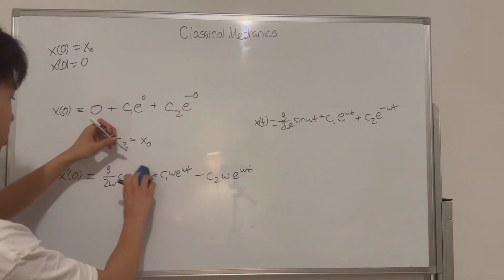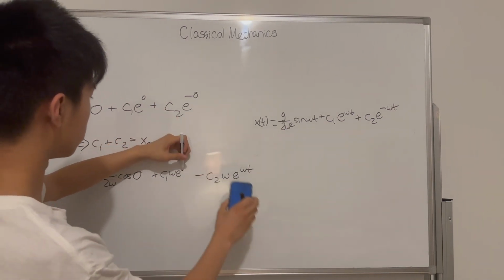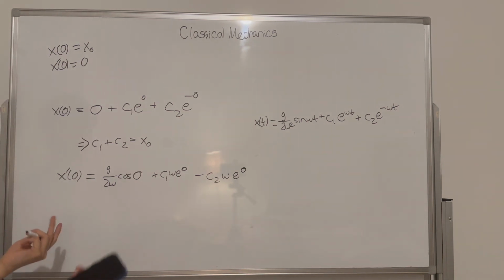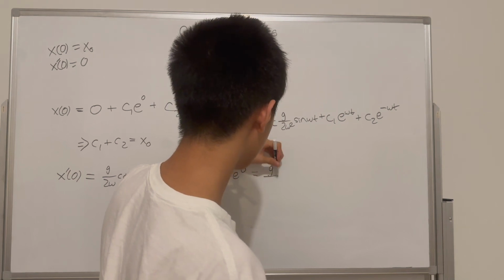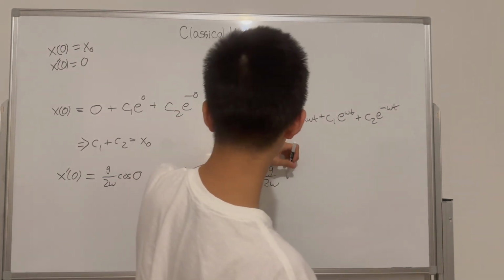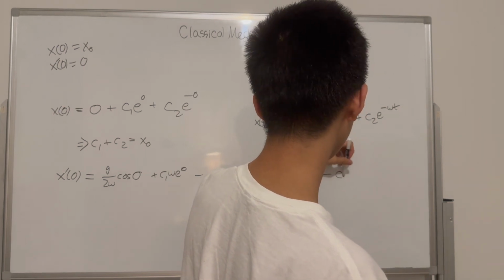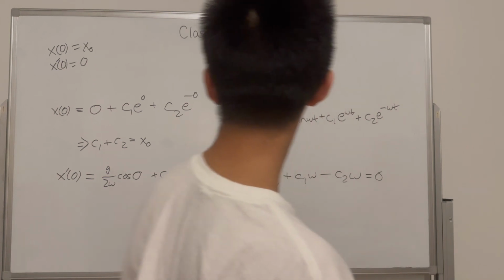You get 0 here, 0 up here, 0 up here. So we differentiated and then plugged in 0. We get 1 here, so g over 2 omega plus c1 omega minus c2 omega, and then that is equal to 0.